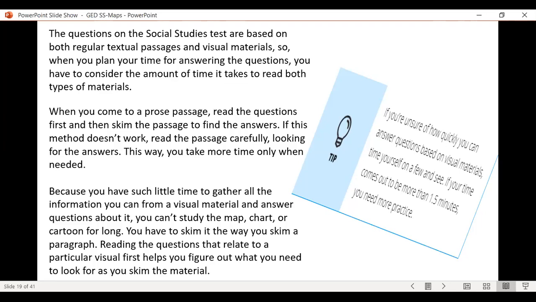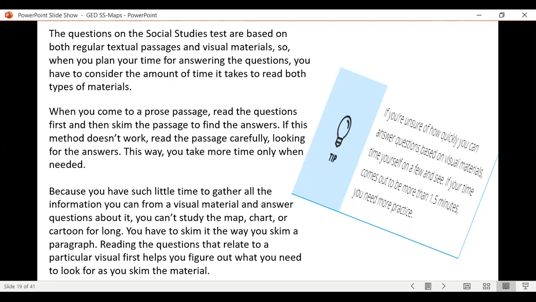So if you're reading the prose passage, that's like if you have a paragraph and then you have to answer questions about it, and then the cartoon or the map, that's when you would go back and do the skim. So look at those questions first, then go back and skim and scan.